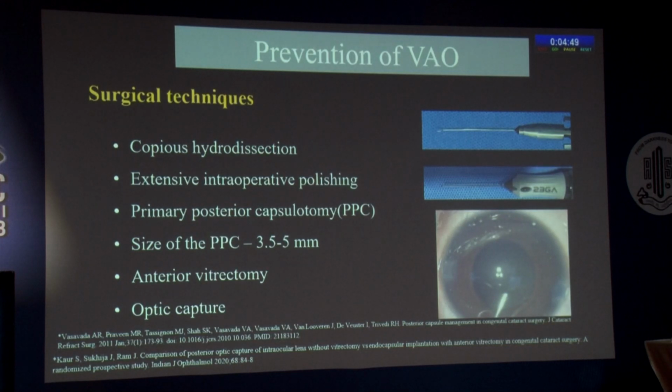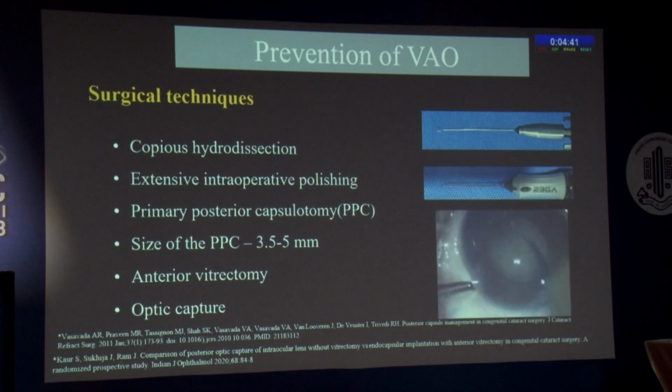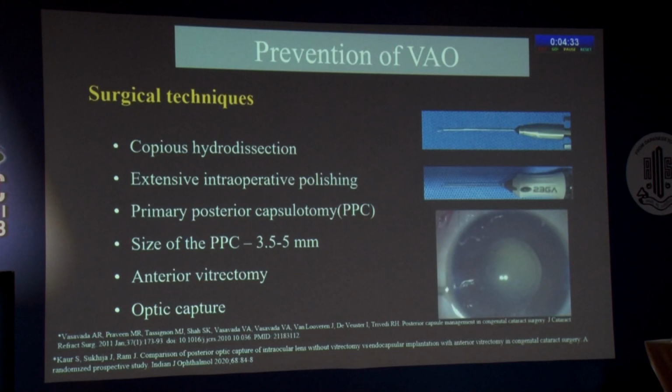The next key thing that you can do to prevent posterior capsular opacification will be doing a posterior capsulotomy. Here the sizing of the capsulotomy is important. 3.5 to 5 millimeter would be a safe size to prevent a membrane from forming. And you can use a cutter or a rhexis forceps to do it.